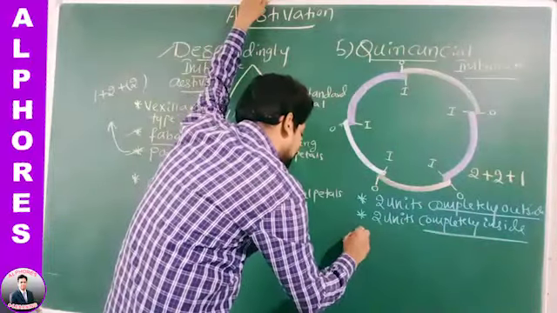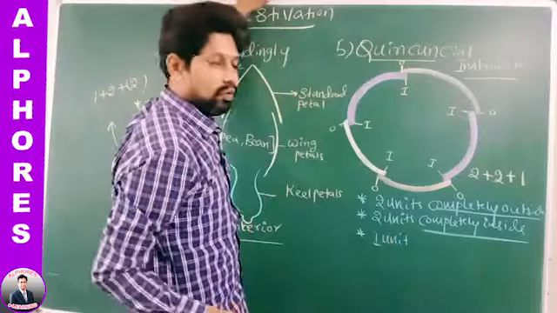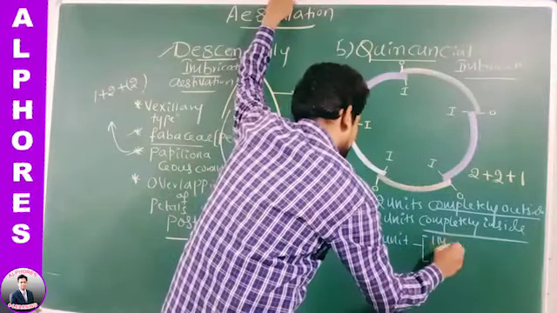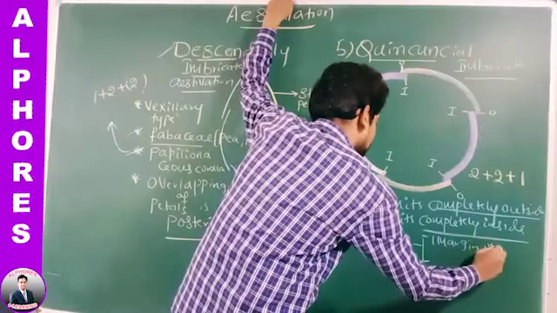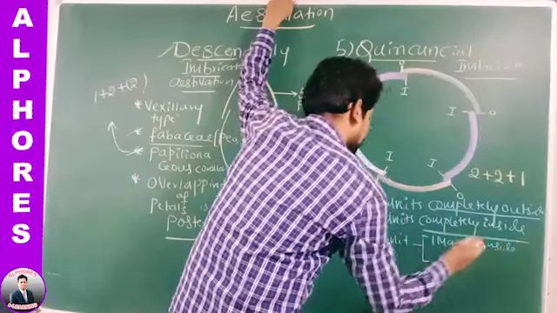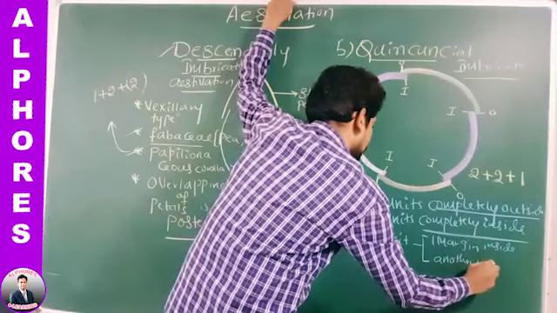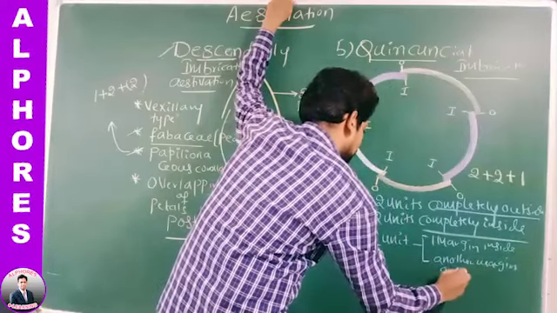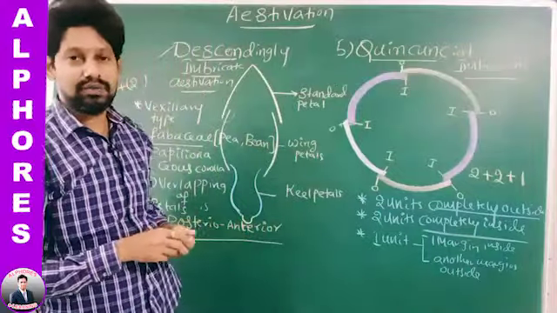Whereas in 1 unit, 1 margin is inside, another margin is outside. I am speaking about margin. 1 margin inside and another margin is outside.